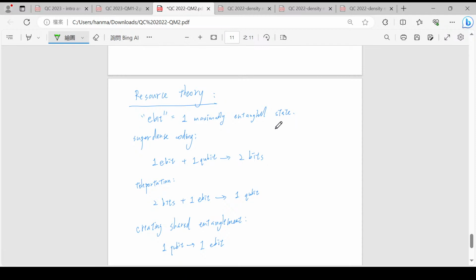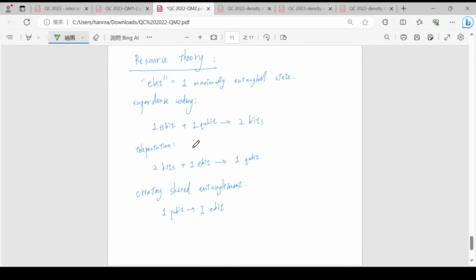So we can define this e-bit as one pair of maximally entangled states shared between two parties. Here we just consider two parties, and then we can write down the equation of a protocol: what resources we use to get what kind of communication while we do the protocol.